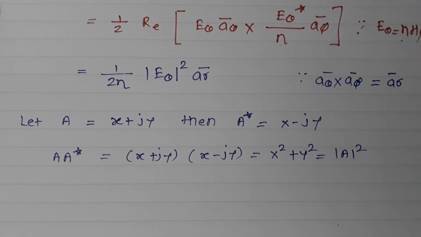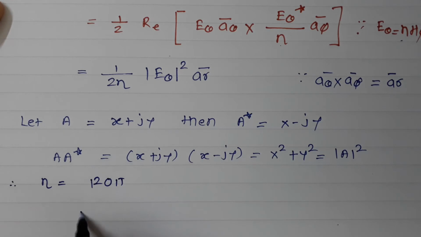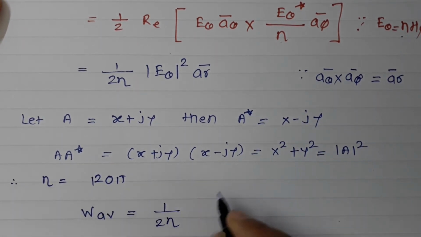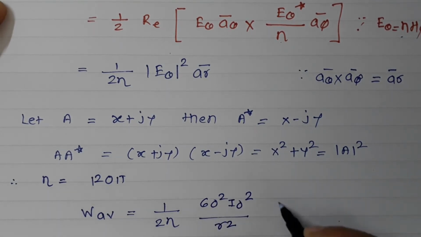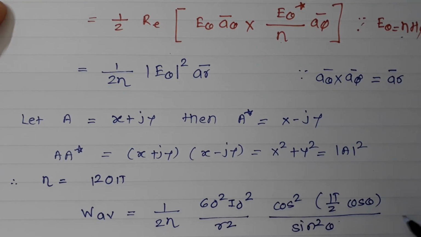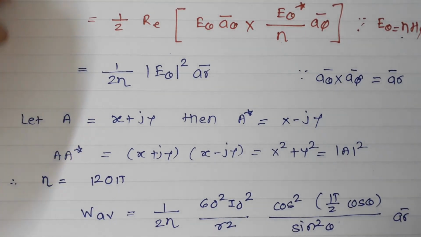I can say the value of E theta from the equation, and we know eta is equal to 120 pi. So W average, if I put all the values, is 1 upon 2 eta, 60 square I0 square over r square, cos square of pi by 2 cos theta divided by sine square theta, AR. So here I have got the W average. Now let us solve it further. By solving all these things further, I can write them there.